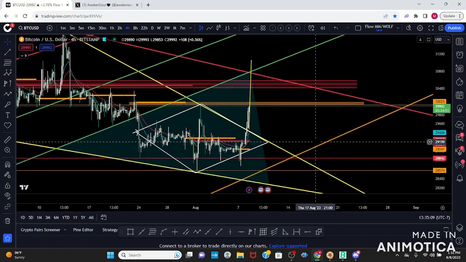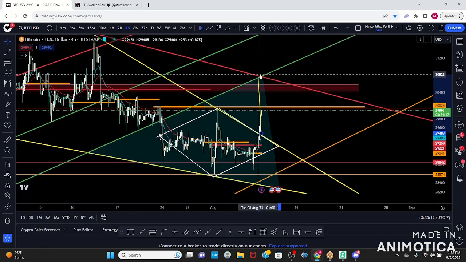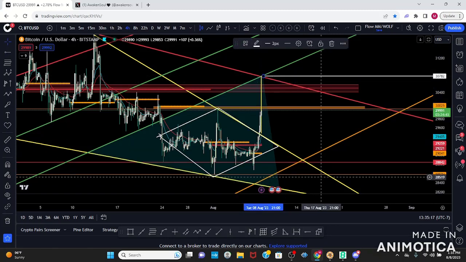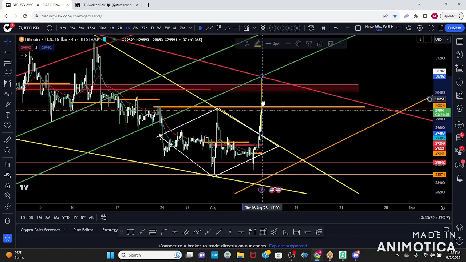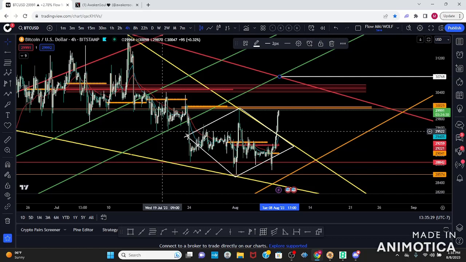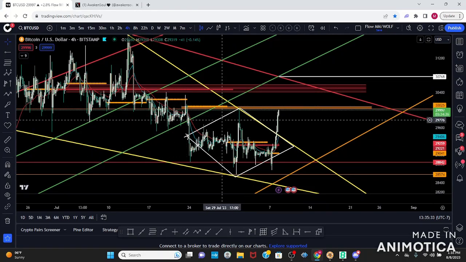So just based on that, I'm just looking at it. I don't think we'll cross this monthly, but I'm getting vibes up here, just because of my diamond, of my possible megaphone playing out, it could definitely come all the way up to here, right? And remember, this 4 hour, what was support is now being played as resistance.